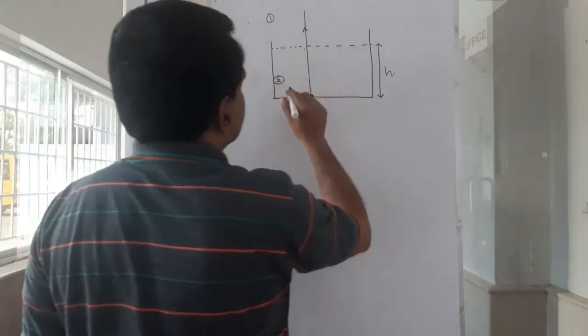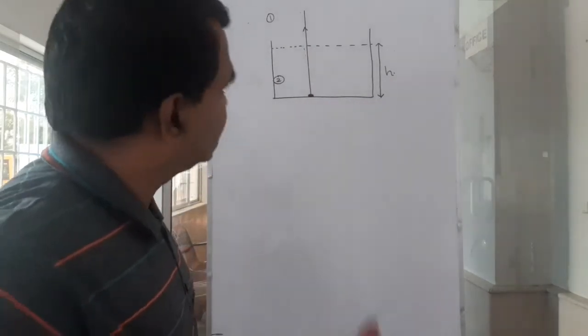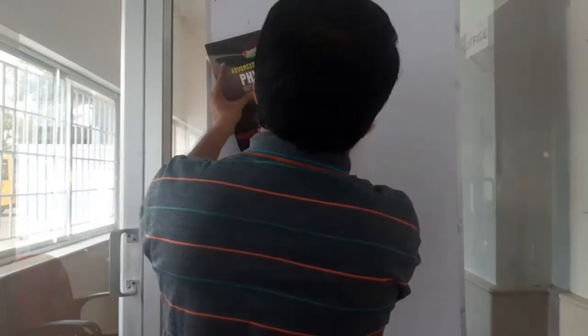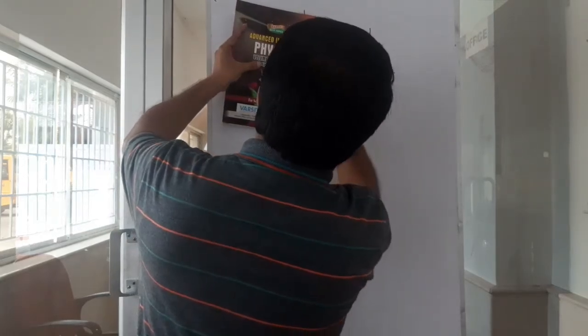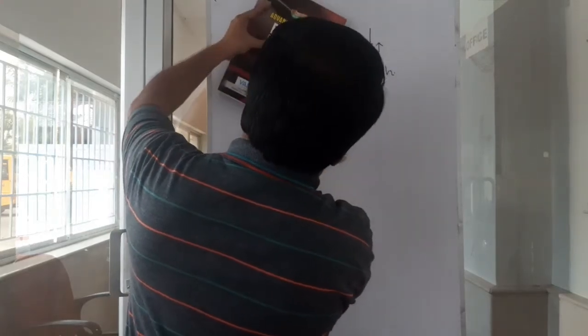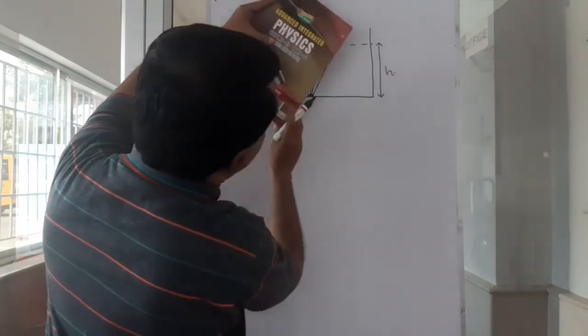But what will happen to this light? Suppose there is a ray here. There is also a ray here, and also a ray here.